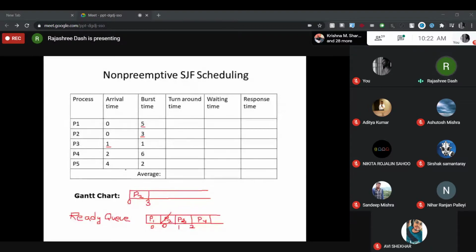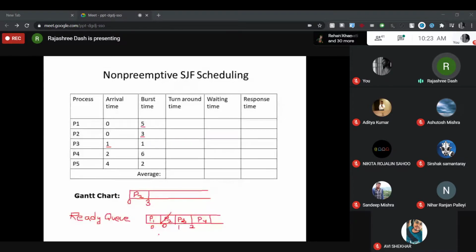So P2 will complete at time 3. By this time, the processes available in the ready queue are P1, P3, P4. Till now P5 is not available in the ready queue. So now what is the next process to be selected for execution by the CPU?